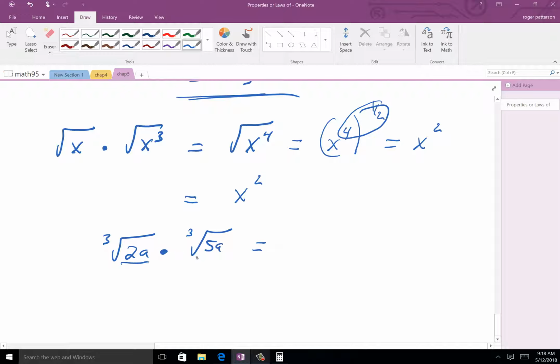So here again, we're going to multiply the inside things. I can't do anything with the 10, can't do anything with the a squared, so that's done. All right. Again, we're just multiplying the inside stuff. Can't do anything. So just leave it alone after that.